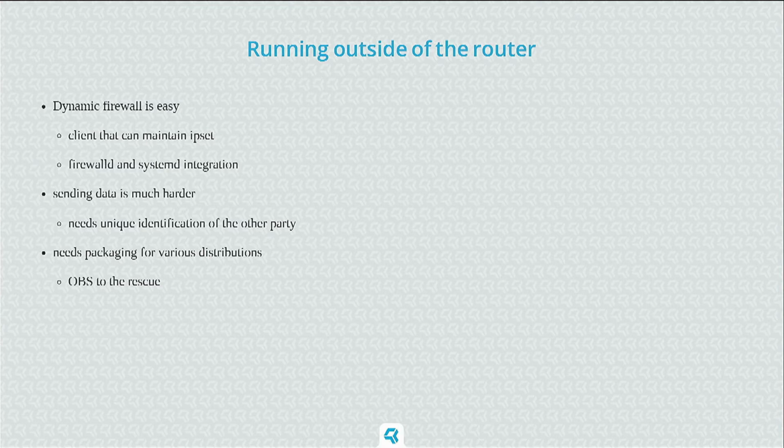But we decided, because, as I mentioned, we are using Honeypot as a service as one of the sources of our data, we found out that it's really popular and people would like to contribute and run honeypots and help others be protected from the bad guys and also trigger bad guys a little. So we are working on making it available outside of our routers to the general public.